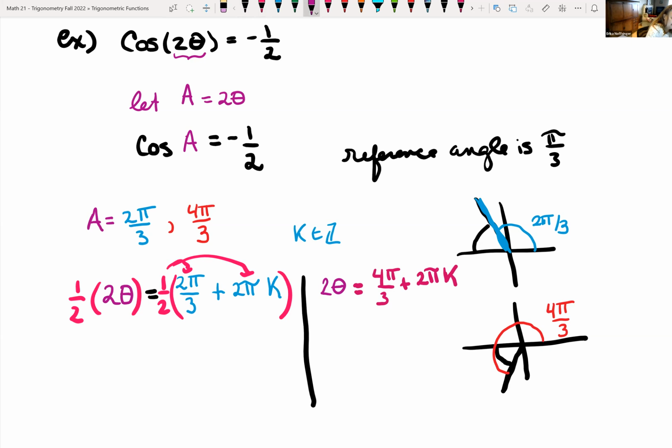So we get theta here is equal to, so if I multiply 1/2 to 2 pi thirds, notice our 2's would cancel, leaving us with just pi thirds. When I multiply the 1/2 to that 2 pi k, again, my 2 would cancel, and this would give me plus a pi k.